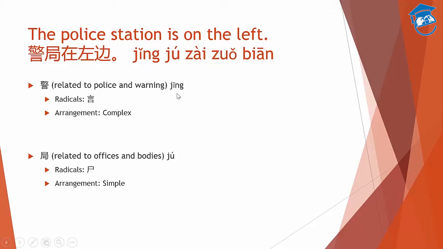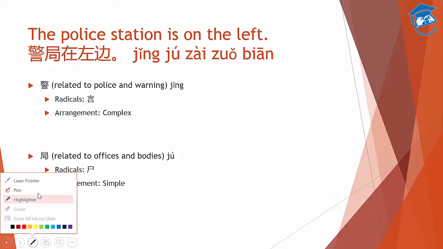This is the pinyin, and the radical is what's on the bottom. The arrangement is complex. As you can see, there's a top and bottom component, while the top component has a left and right component, so it's complex.